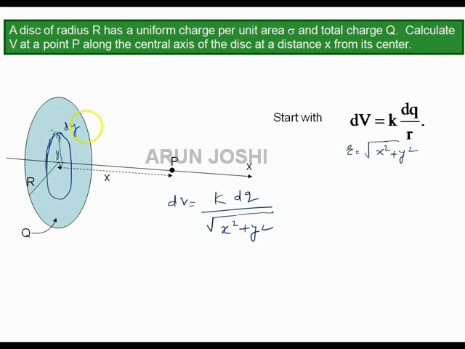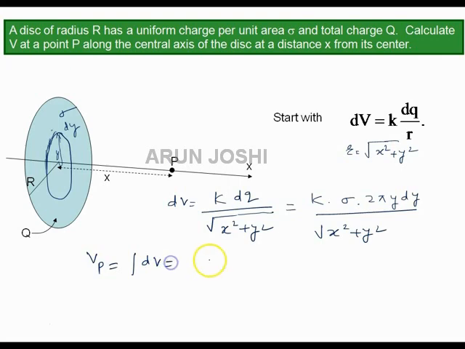If I say sigma is the surface charge density, then I can write dq equal to sigma times area, which is 2 pi y dy, upon root x square plus y square. And net potential at point P, you will integrate this.